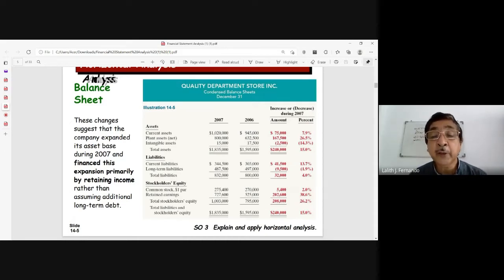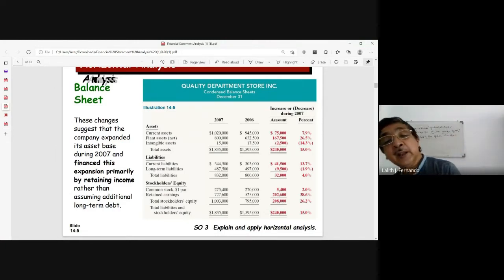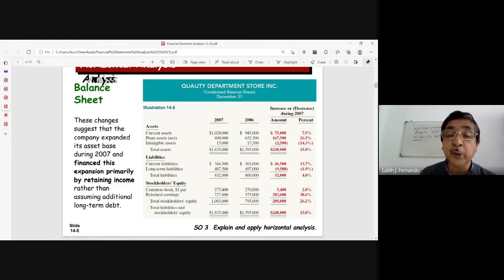And if you have a lower value in the year 2007 than in 2006, then it would be a decrease. Then you can put it within brackets. Now, in the case of intangible assets, you see that in 2006 it is 17,500, and in 2007 it has come down to 15,000, a decrease of 2,500.